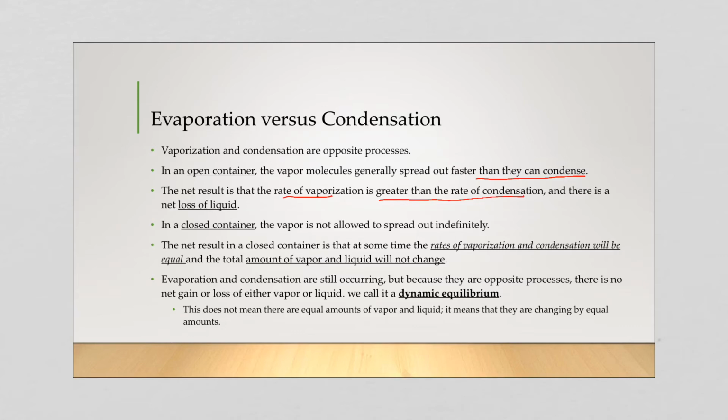It does not mean that we have equal amounts of the two materials, in this case the vapor and the liquid. We're going to have very different amounts of liquid and vapor in terms of the number of molecules. It's the processes that are occurring at equal rates.